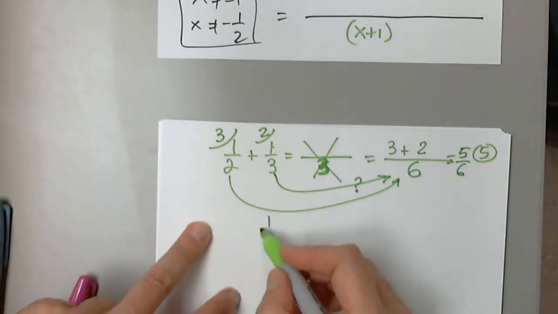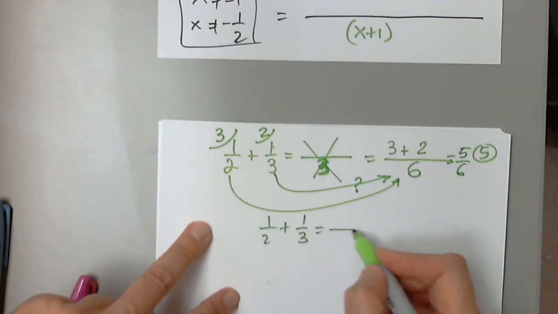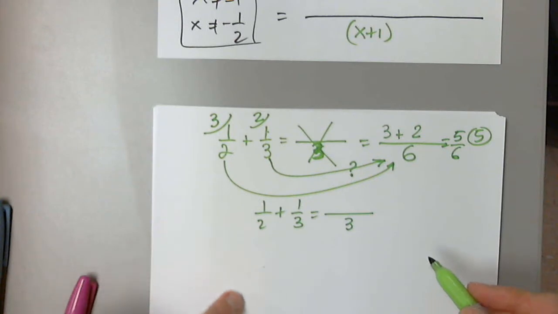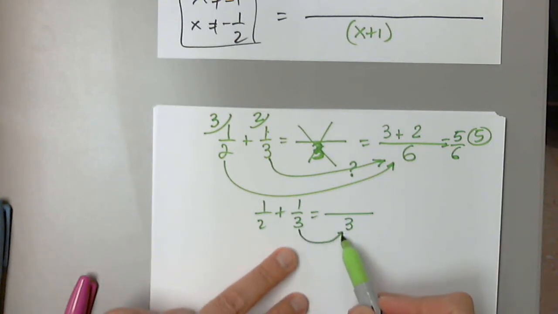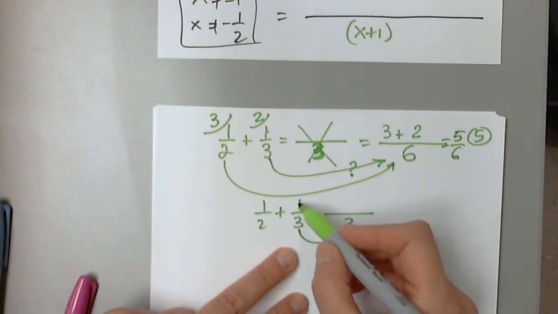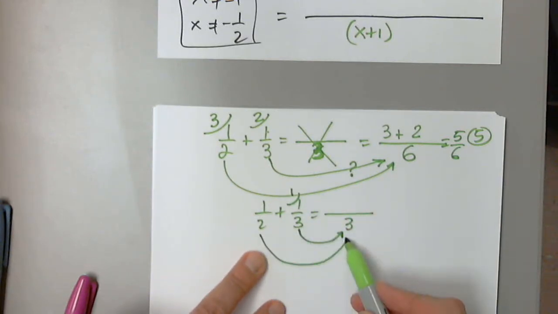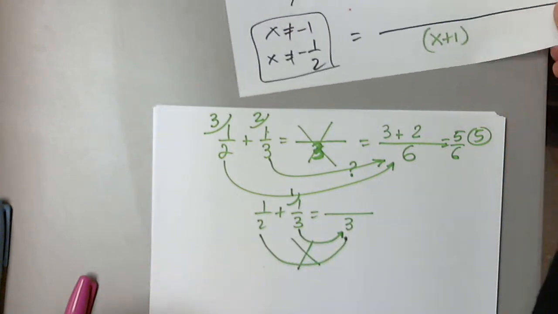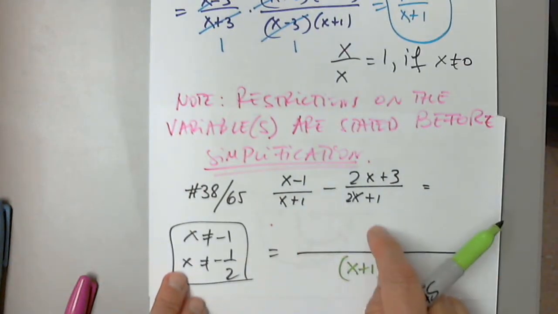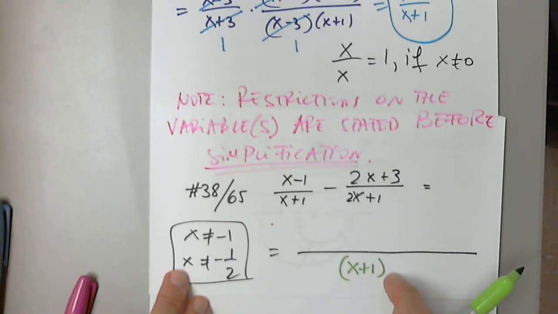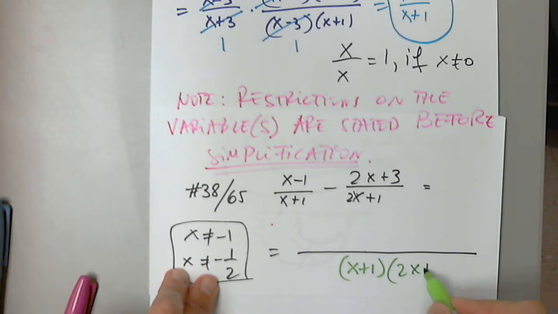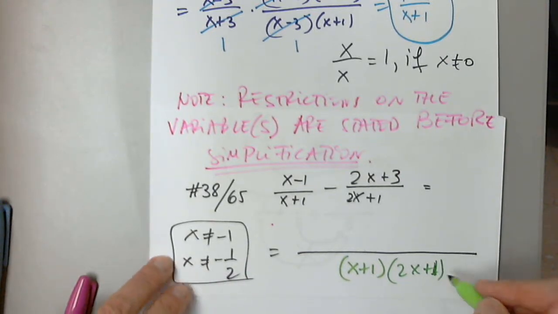Now, if I say this, I will only have an answer for this. 3 times 1 is 3. So I'll multiply the top by 1. But what will I do with 2? 2 times what is 3? Doesn't exist. So the least common denominator being just one of the two factors will never happen unless they are the same. So the least common denominator has to have all different factors you see in the denominators.